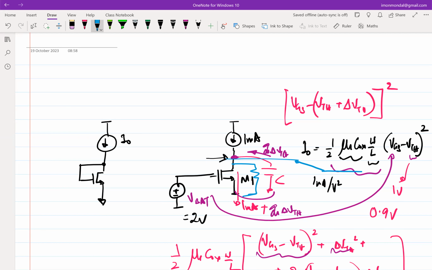You might do the calculations right for one particular temperature, one very sweet point, but the moment temperature changes, one of these parameters will change and this equation will not be valid anymore, because you are not changing the battery voltage or the current source for all temperatures, they are constant. Which means if you bias your transistor like this, you are setting it up for disaster. It's not going to work.